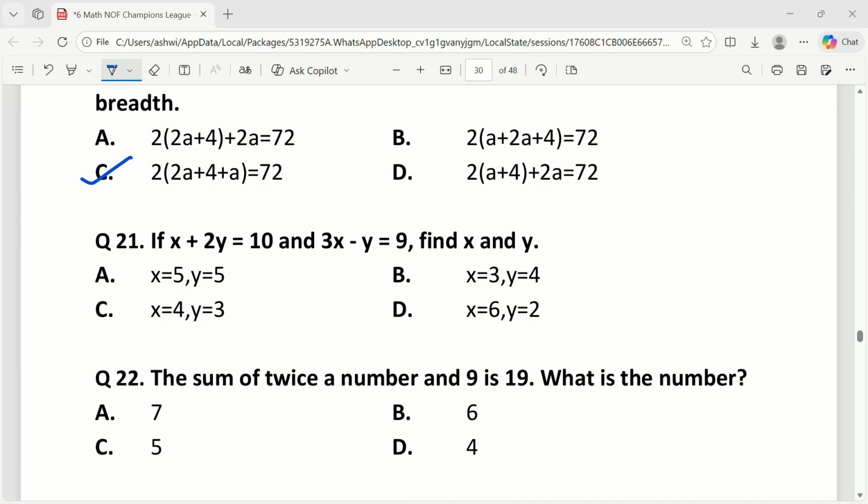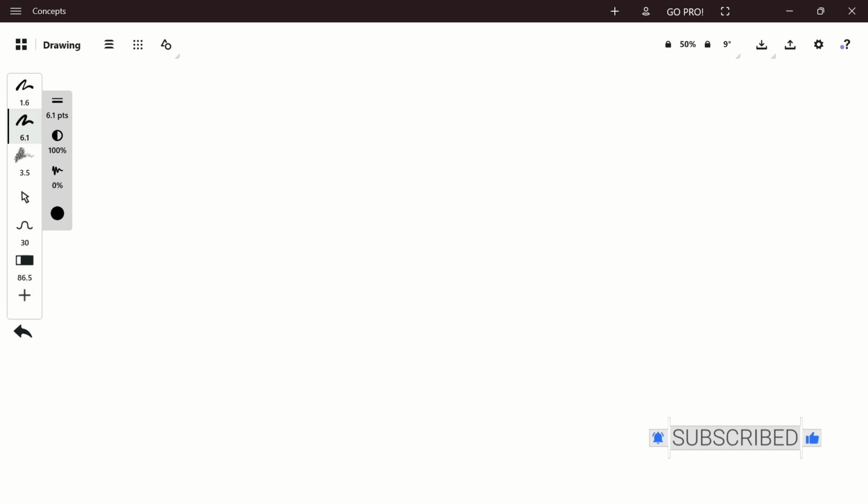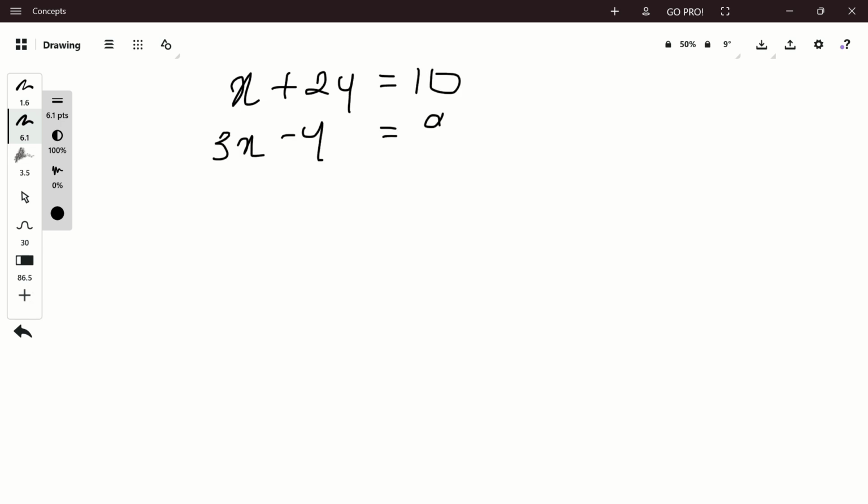Question 21. If x plus 2y is equal to 10 and 3x minus y is equal to 9, find x and y. We are given that x plus 2y is equal to 10 and 3x minus y is equal to 9. From the first equation, x is equal to 10 minus 2y.